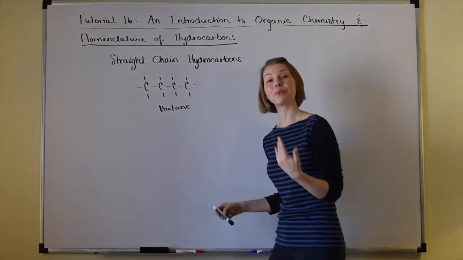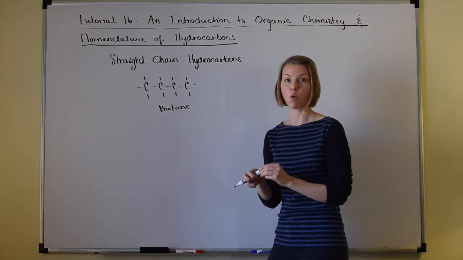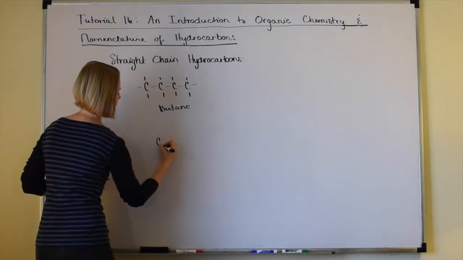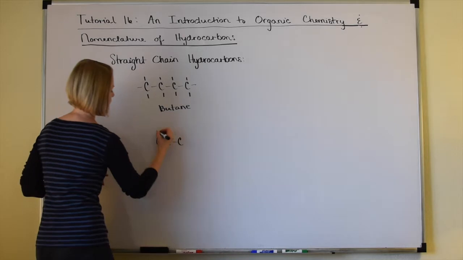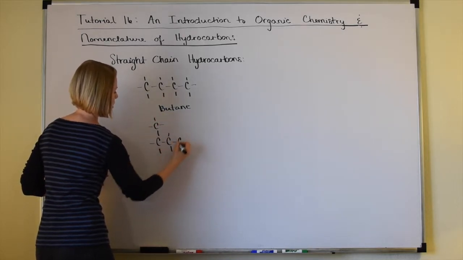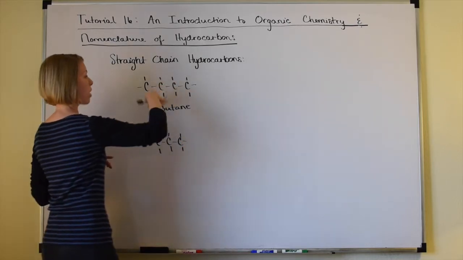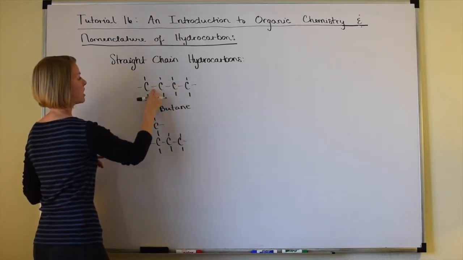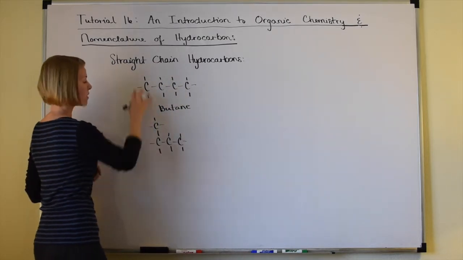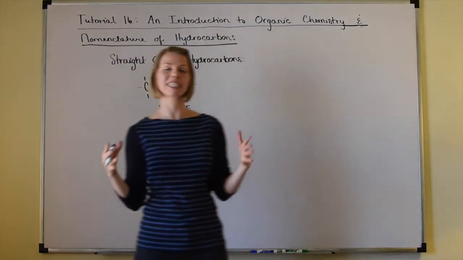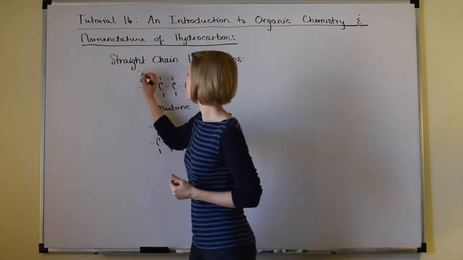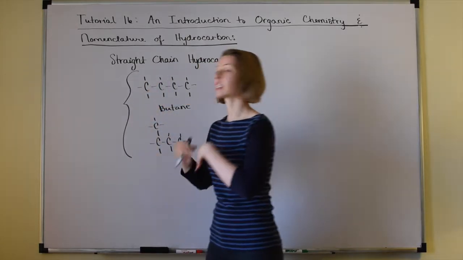So don't be surprised if a textbook or your instructor writes butane like this, where we're just showing that this bond has rotated, so this hydrogen and this CH3 have changed places. Both of these are still butane, 4 carbons connected consecutively in a row, but we would say these are different conformations of butane.